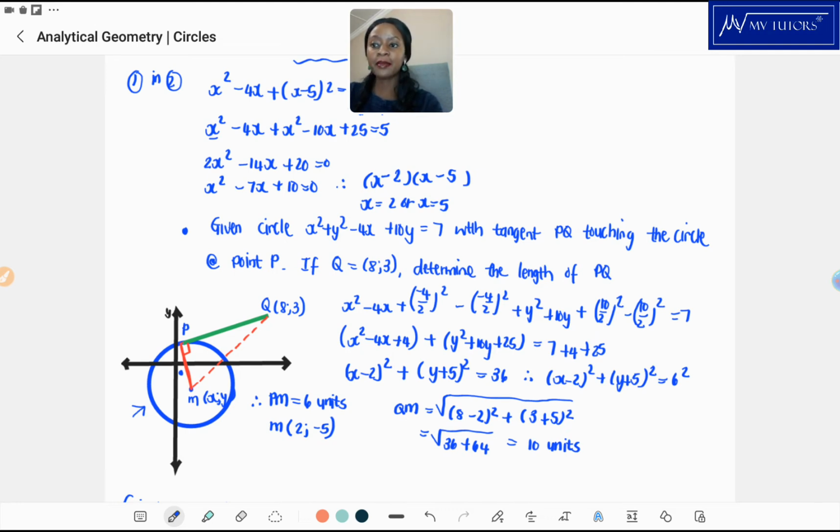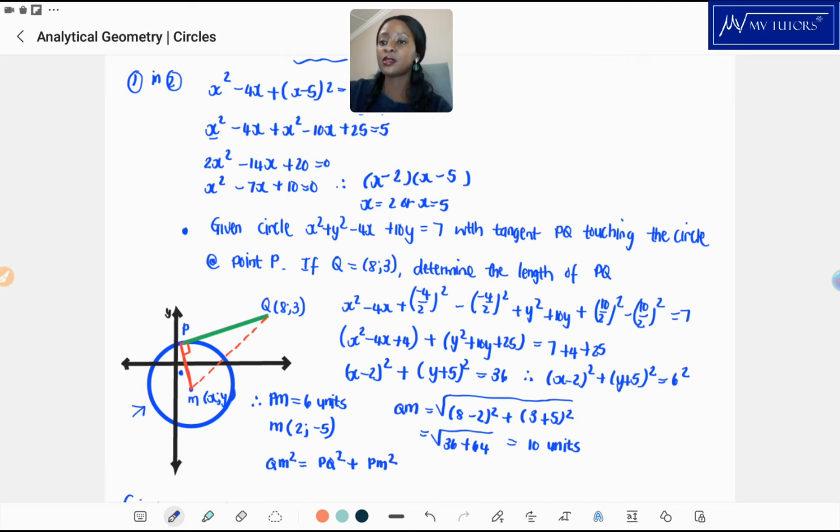So I have QM and PM, and now I can get PQ using Pythagoras. Since QM is the hypotenuse, QM squared is equal to PQ squared plus PM squared.